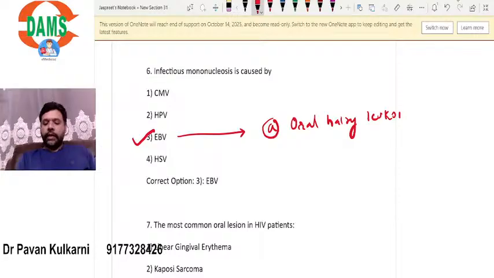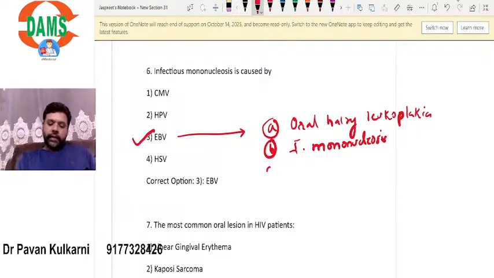All of us know that this is a very important oral manifestation in HIV positive patients. Oral hairy leukoplakia, right? It is caused by EBV. Then infectious mononucleosis is caused by EBV. Okay, then non-Hodgkin lymphoma.